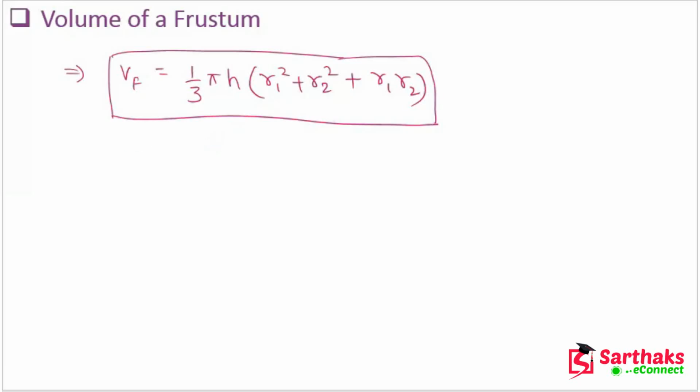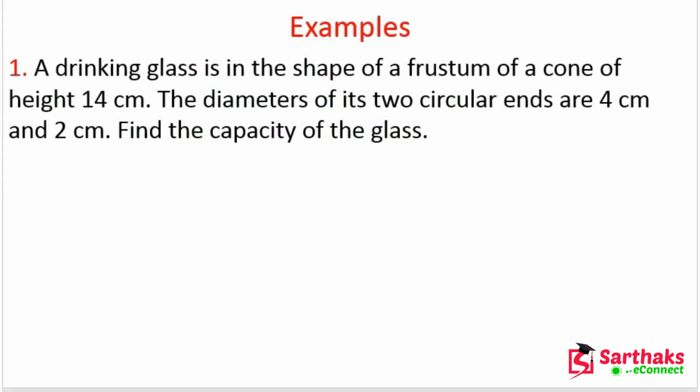Okay, so now let's come on to the questions. Question number 1: a drinking glass is in the shape of a frustum of a cone of height 14 centimeter. The diameters of its two circular ends are 4 centimeter and 2 centimeter.